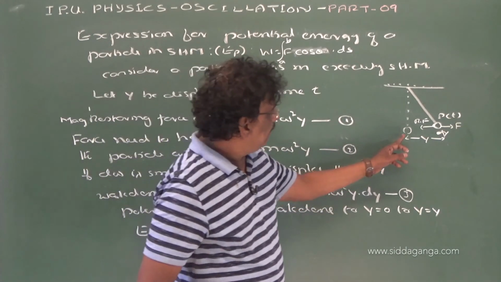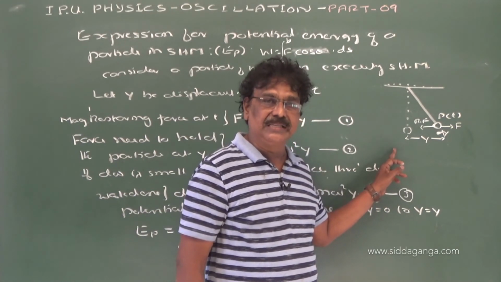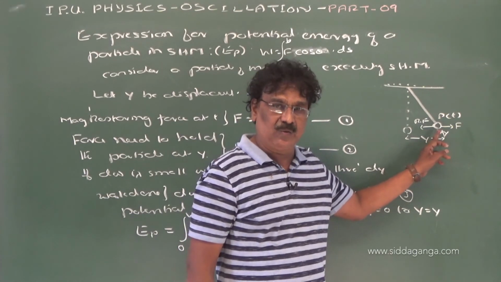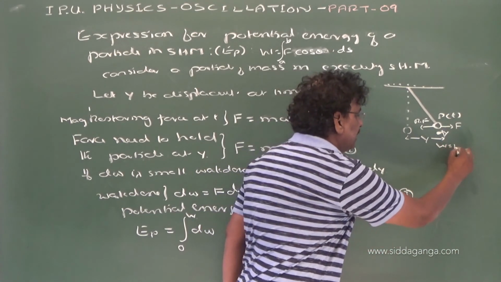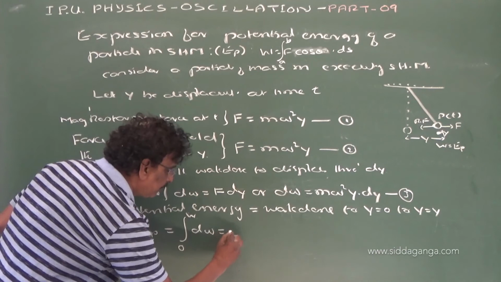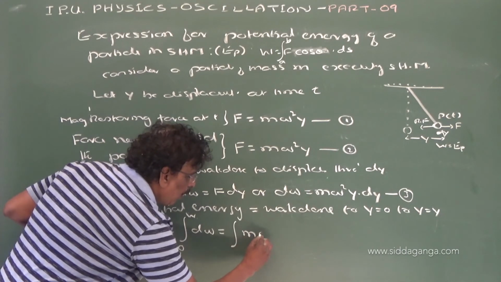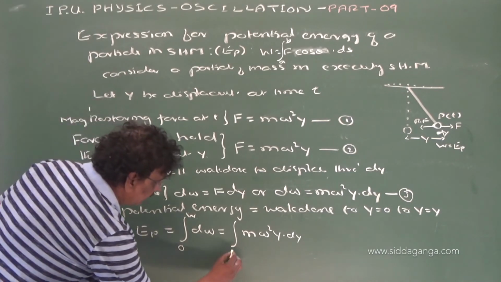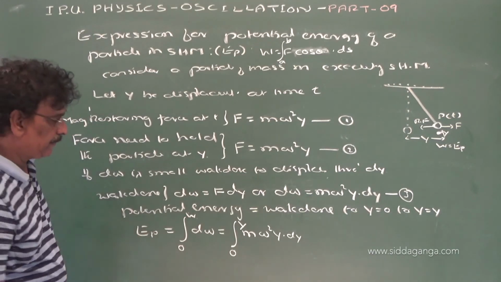Now here, when the particle is at the mean position, y is equal to 0, the work done is 0, and when the particle is at displacement y is equal to y, then the work done is equal to w. Here w is the work done, and it is equal to EP. Now this is the integral of dw from 0 to w. What is dw? It is m omega square y into dy within the limits y is equal to 0 to y is equal to y.